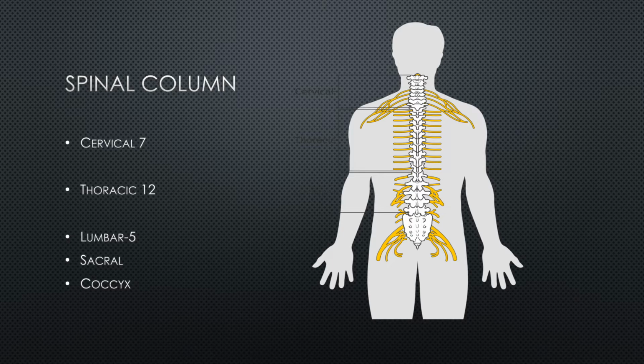So our spinal column is made up of 7 cervical vertebrae, 12 thoracic vertebrae, 5 lumbar vertebrae, and the remaining 9 vertebrae are fused into the sacral and coccyx regions.